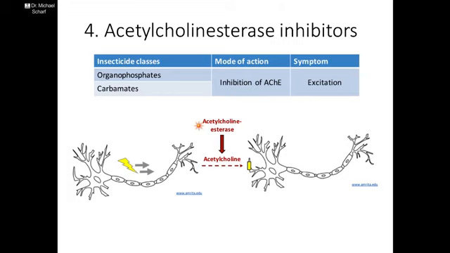So these insecticides inhibit the acetylcholinesterase enzyme, and they actually cause excitation because we're not removing the signal anymore from the acetylcholine receptor.